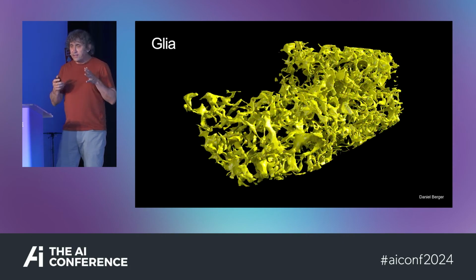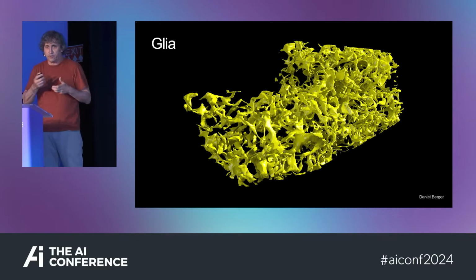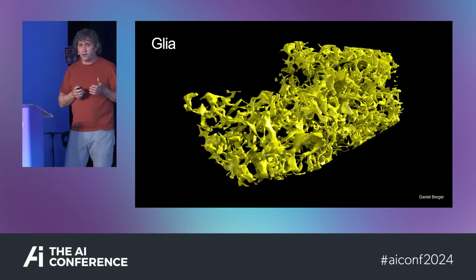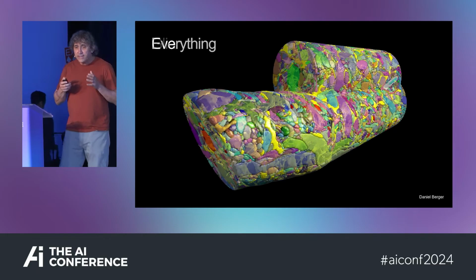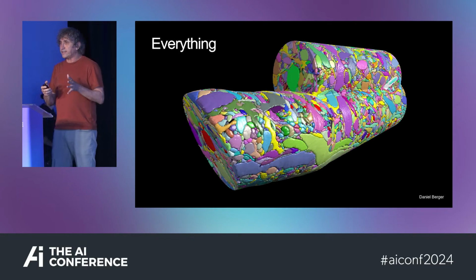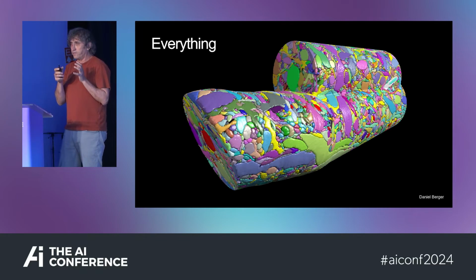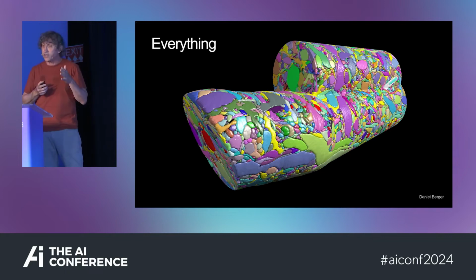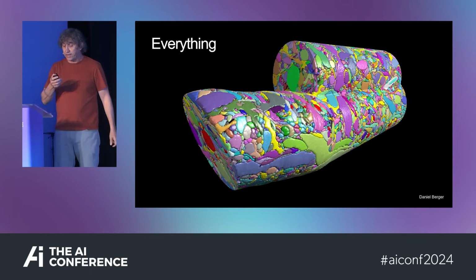And you have glia cells, support cells, that provide food and energy to the neurons. All together, you have this really dense volume of your brain. And this is a tiny sliver. Of course, your brain is thousands and thousands of times bigger than this sliver that I showed you.